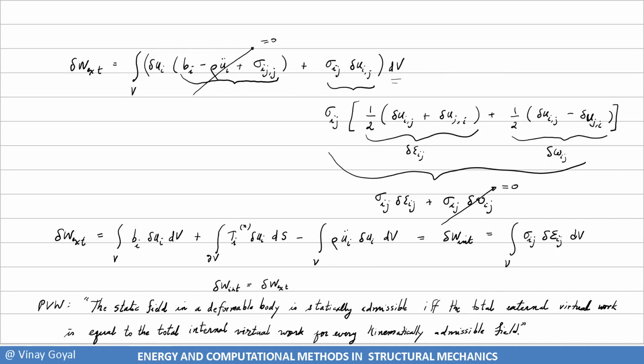The principle of virtual work states that for every static field, in other words, for every structural body that has deformed due to loads applied, due to body forces, traction forces, inertial forces, that body is in static equilibrium. And that only happens if the external virtual work equals the internal virtual work.